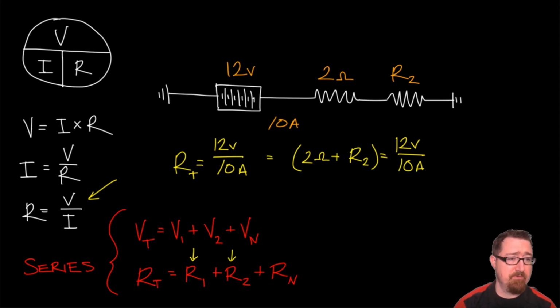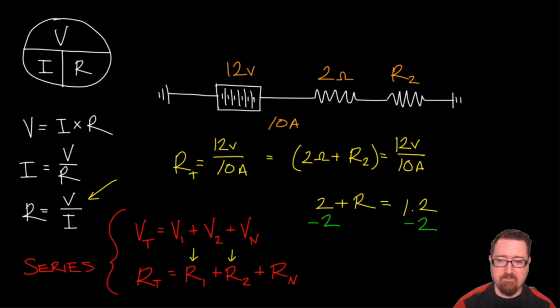Okay, so 12 divided by 10, again, that's going to lead to 1.2. And then obviously we have 2 plus R. So what we do on one side, we have to do on the other side of our equation. So in this case, I'm going to subtract 2. Okay, and what that ends up doing is neutralizing that 2.